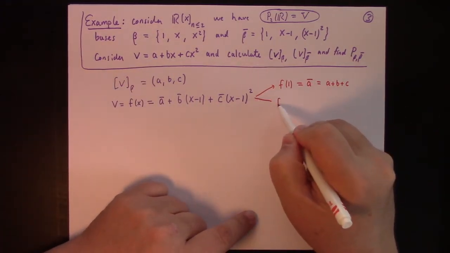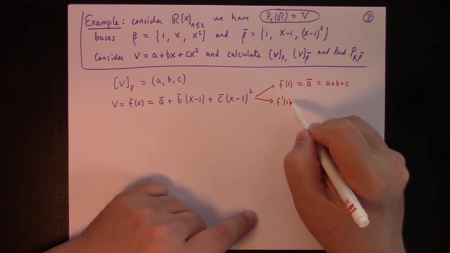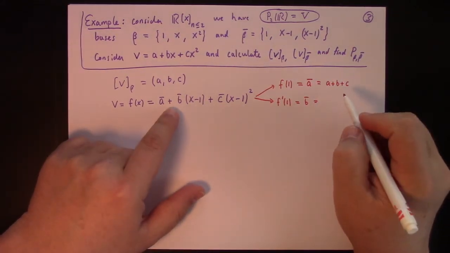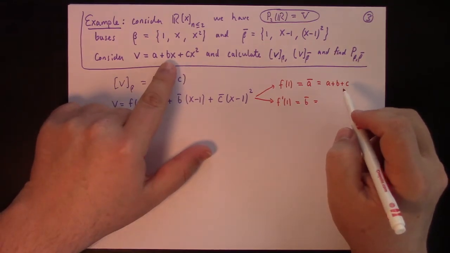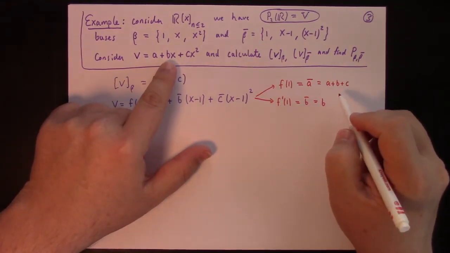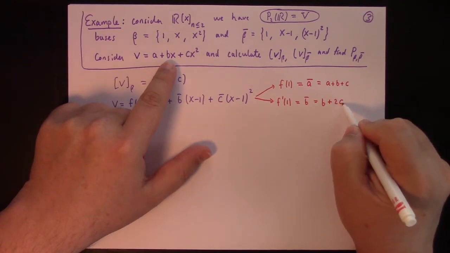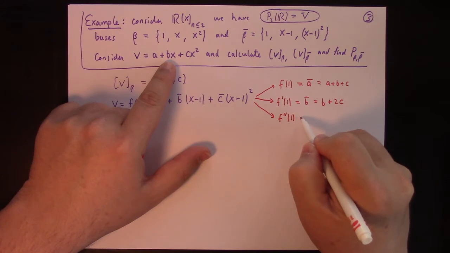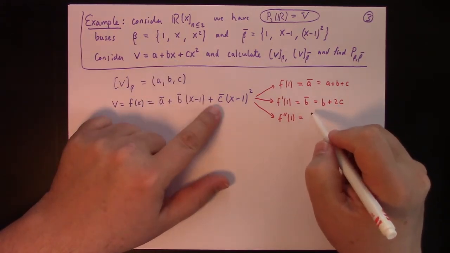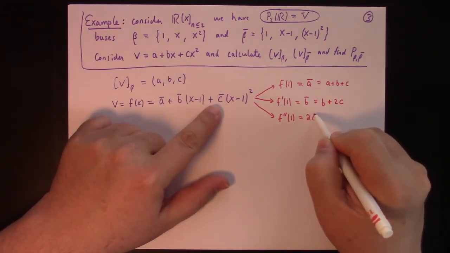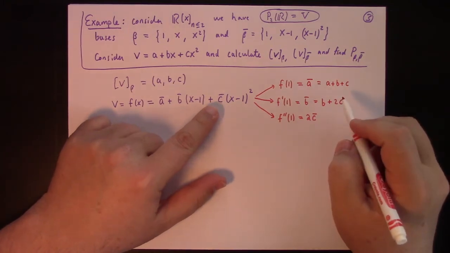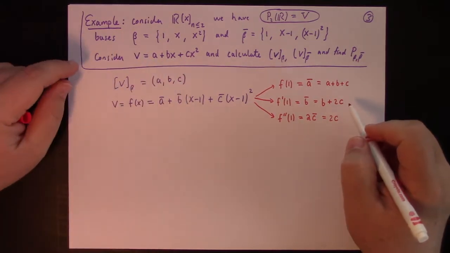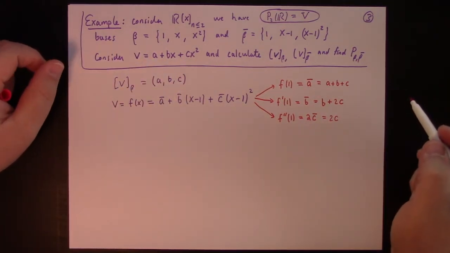And f prime of 1 would be b bar, but differentiating, we get b, plug in 1, so b plus 2c. And if we take two derivatives and plug in 1, that would give us 2c bar. On the other hand, taking two derivatives, we're just left with 2c. So that shows us the relation between a bar, b bar, and c bar.